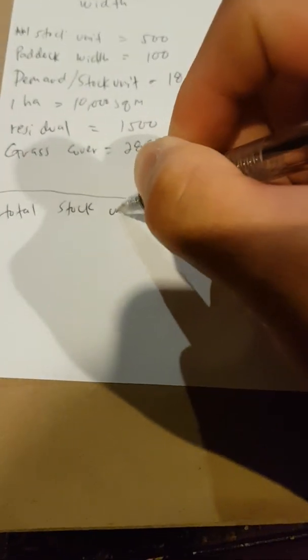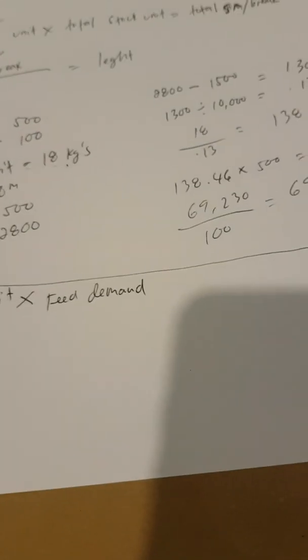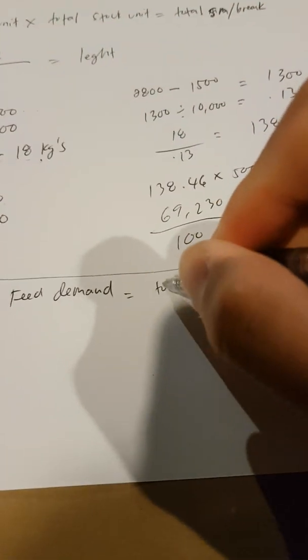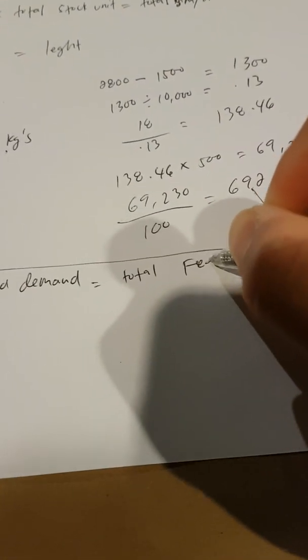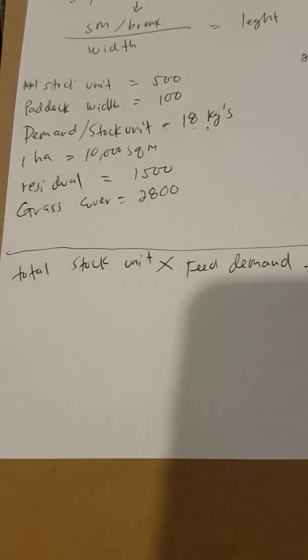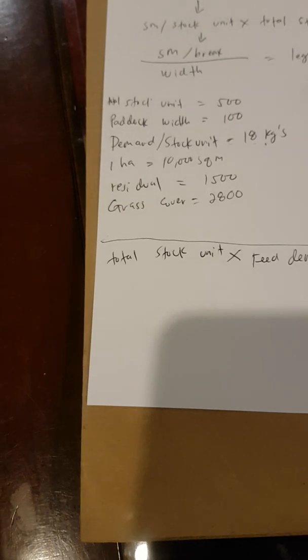Total stock unit times feed demand equals total feed demand. And then the next step is total feed demand divided by available kilogram dry matter per hectare.